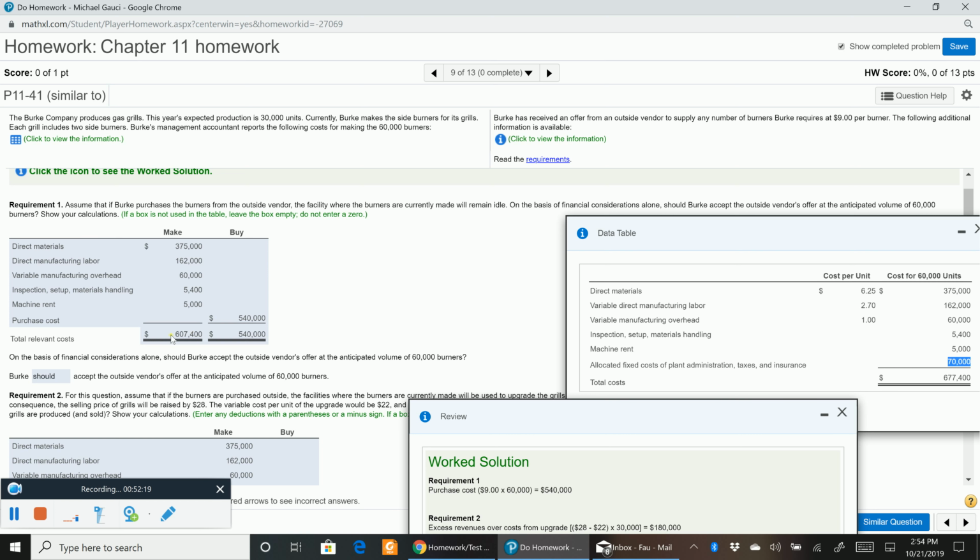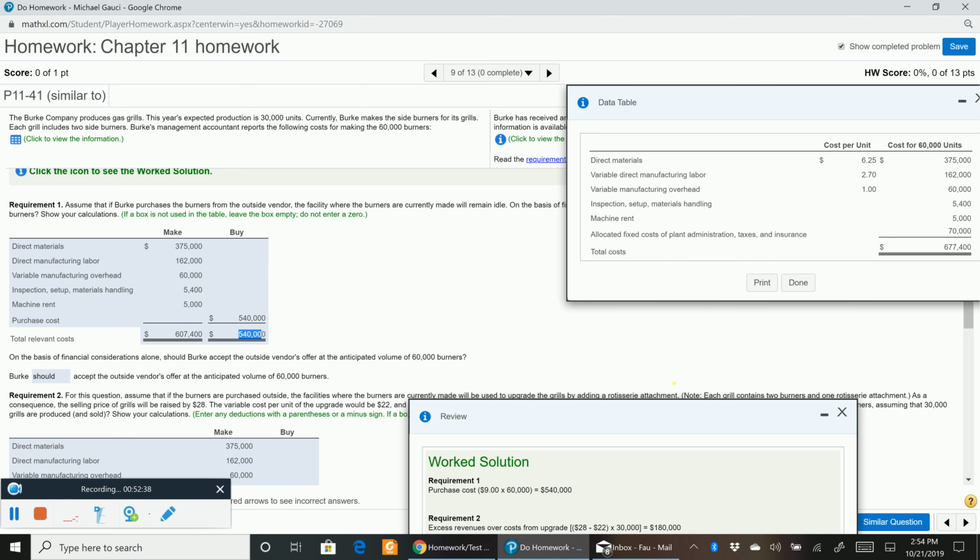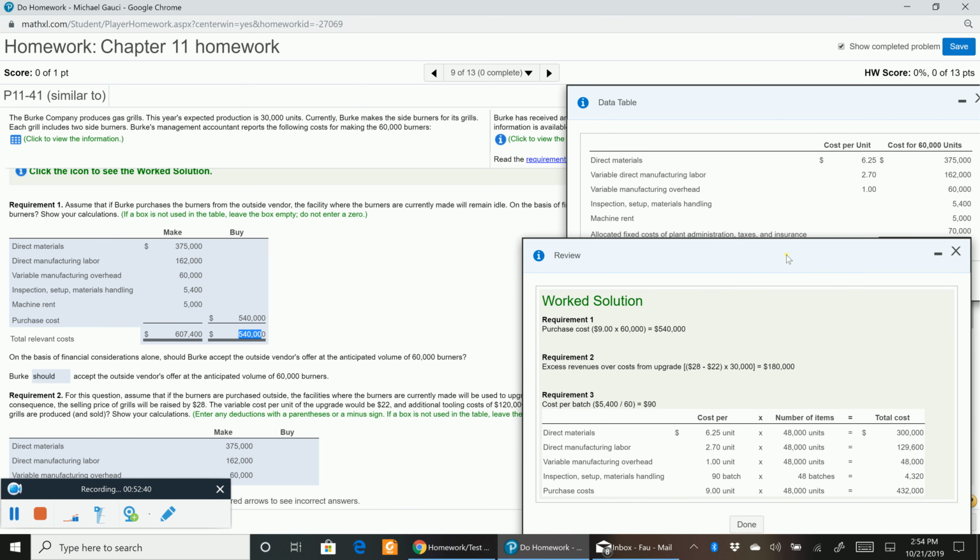So $607,400 versus $540,000, which is the lowest? Buying it outright. So on this analysis alone, we should accept the vendor's offer to manufacture the side burners for us. Okay, so very, very important. Make sure you understand how to do that.